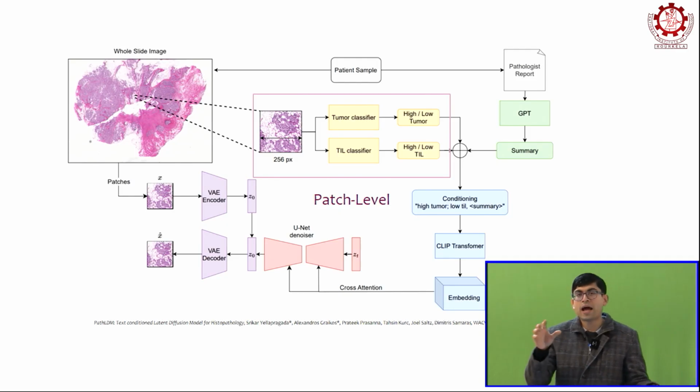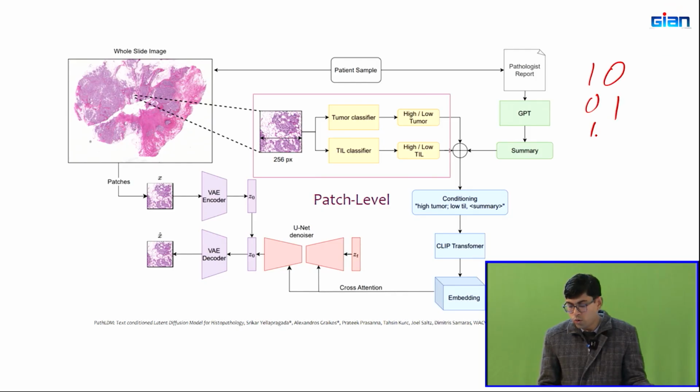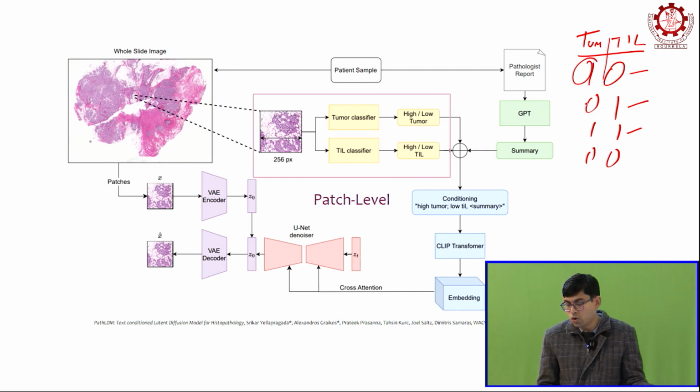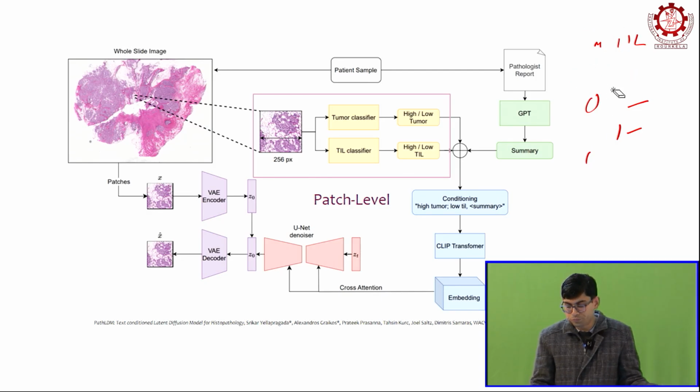So each patch had these values, maybe 1 0 0 1 1 1 0 0. So let's say tumor, TIL. TIL low, TIL high, TIL high. So basically high low, low high, high high, and low low. It's a very simple thing that we designed.